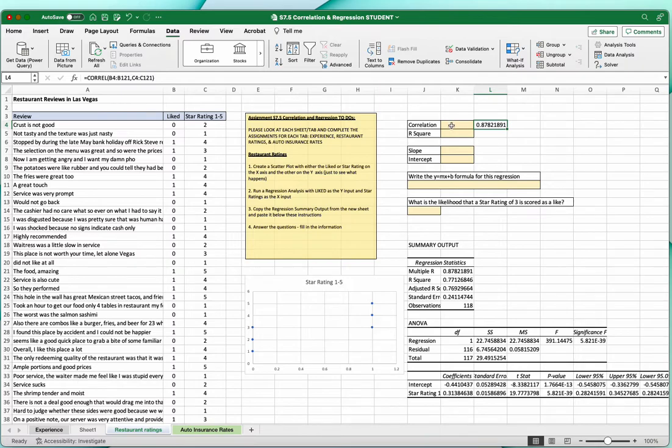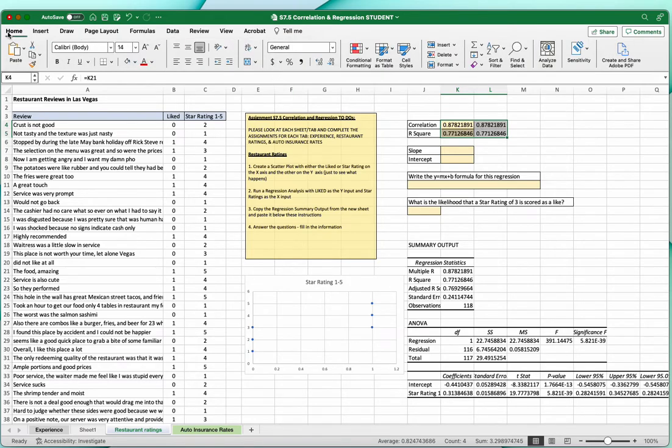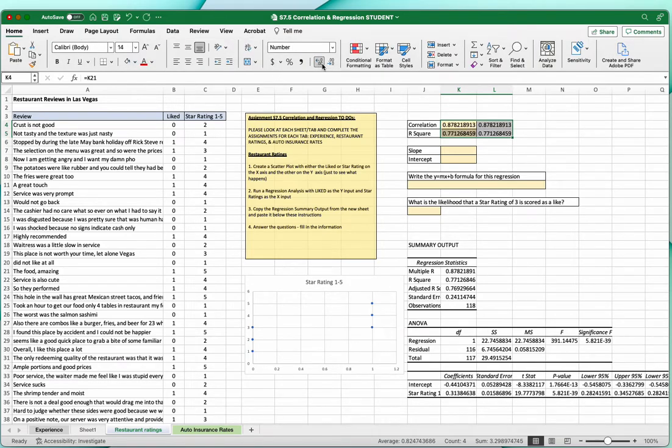Multiple R is also the correlation, so equals multiple R. R squared was given to us there. I can also take my correlation to the power of 2 using the caret above the 6, and we see the same numbers right here. I'll go to Home and go down to 4 decimal points.